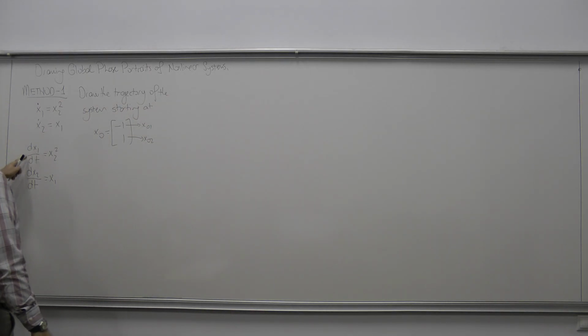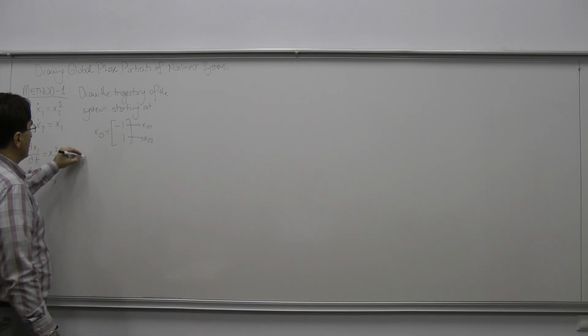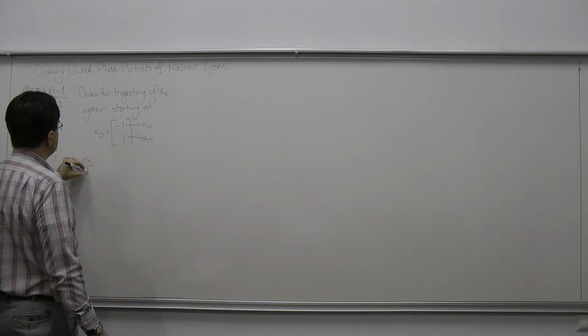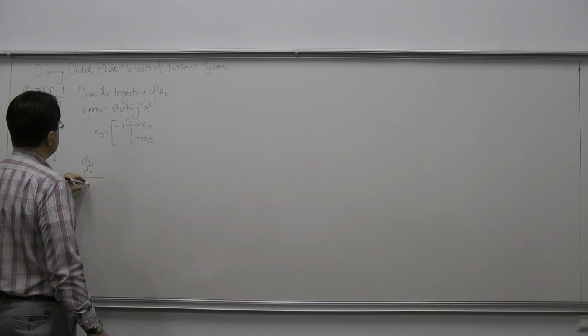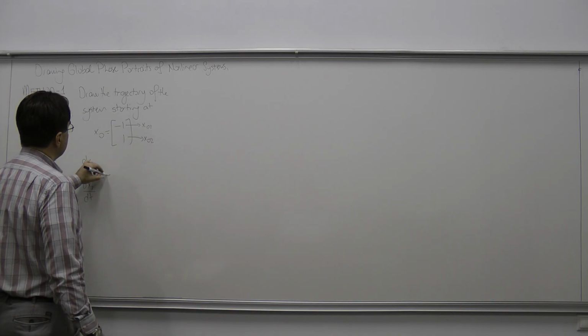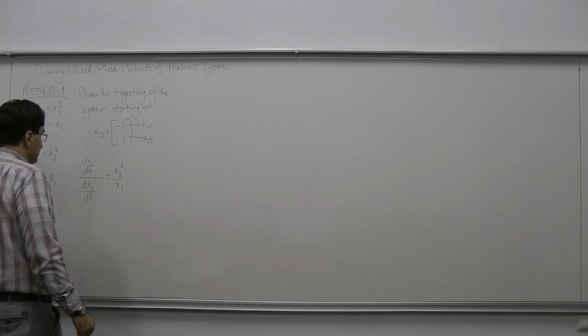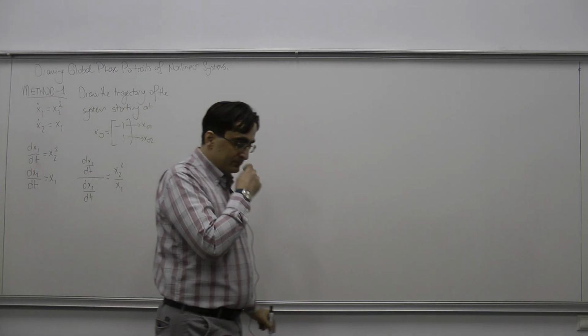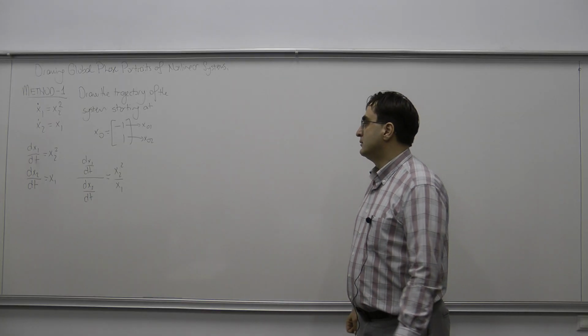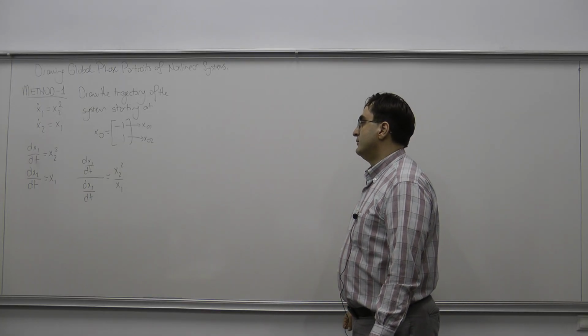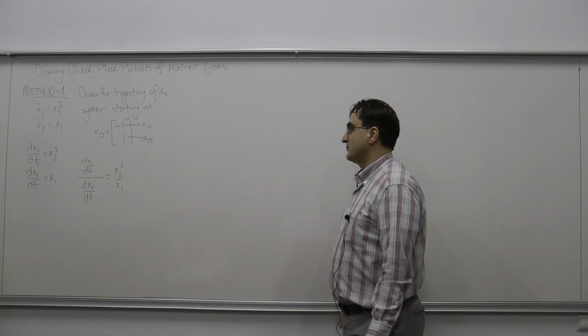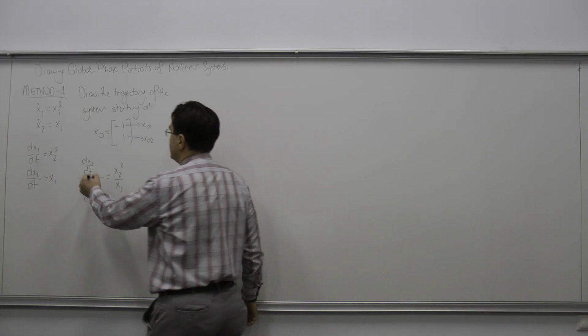So here is what we're going to do. These are the derivatives with respect to time. I'm going to take the ratio of the left-hand sides and the right-hand sides, so I have dx1 over dt divided by dx2 over dt, which is equal to x2 square over x1. Now I'm going to do something magical: I will cancel these dt's.